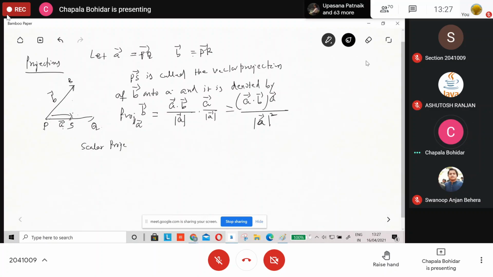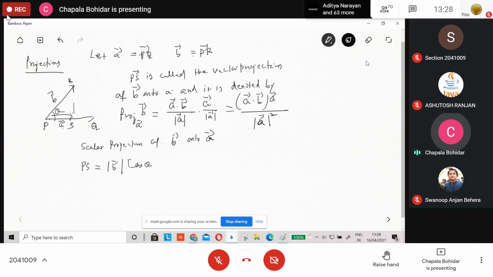The scalar projection of B onto A, PS, is equal to the absolute value of B cos theta, where theta is the angle between A and B. In scalar form, PS is the absolute value of B cos theta.